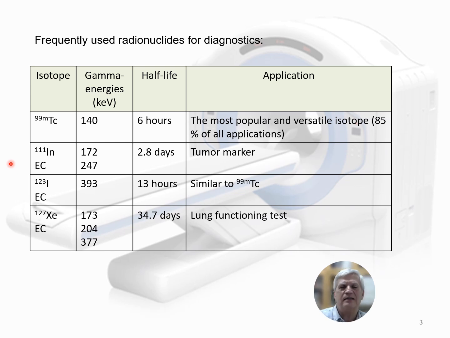So if it has gamma emissions, like in this case 172 keV and 247 keV emissions, and also you see similar emissions for the other 2 isotopes. So when you have electron capture, the point is that you have no particle emission.